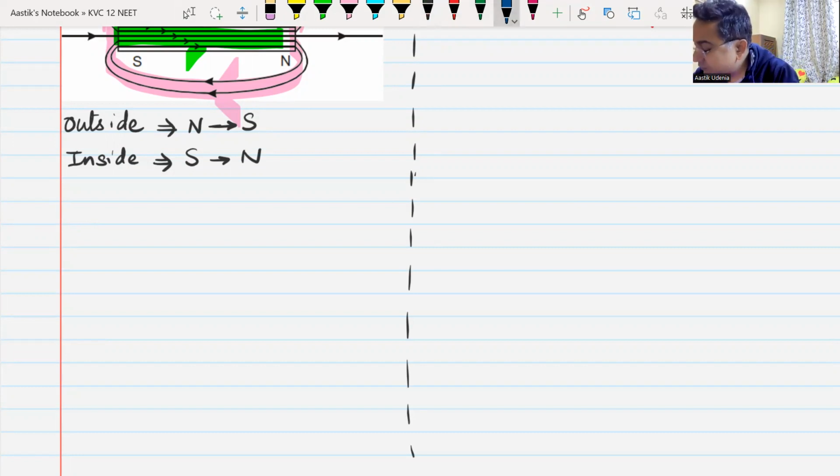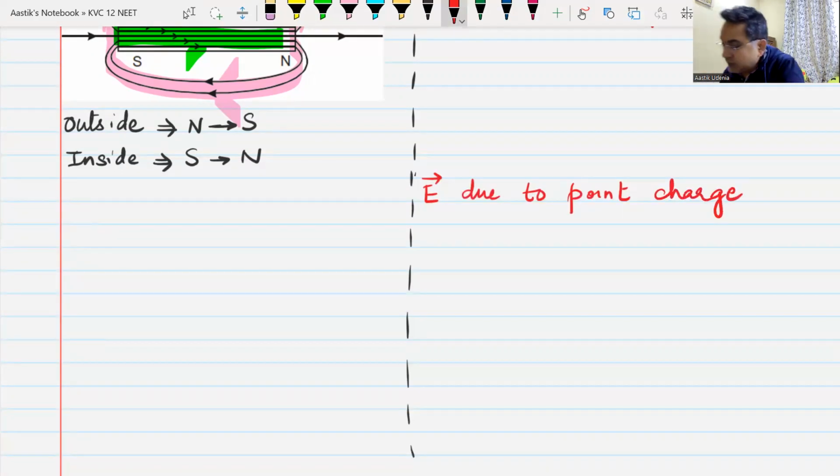Now, if you have a point charge, I can write here electric field due to a point charge.